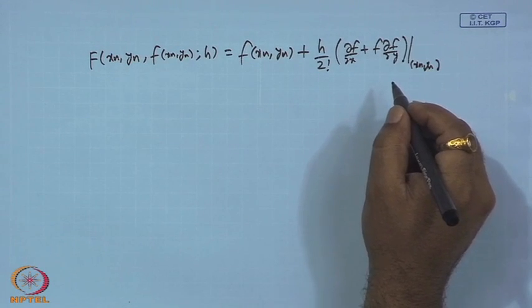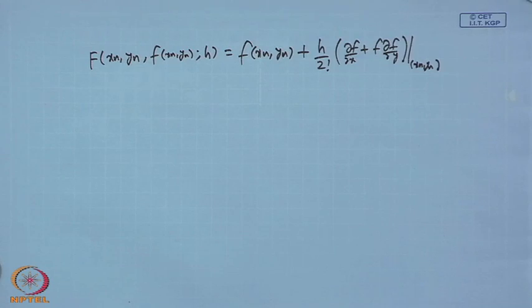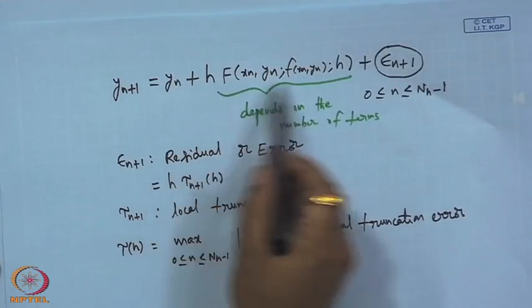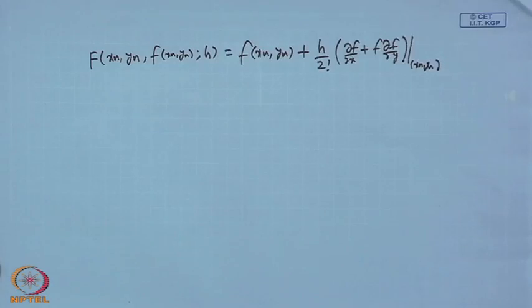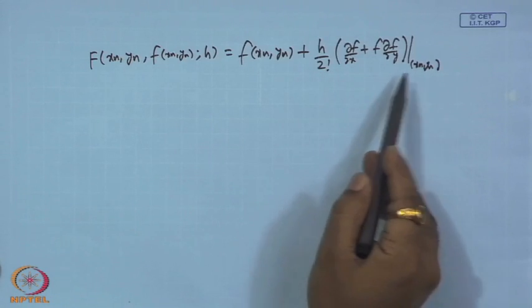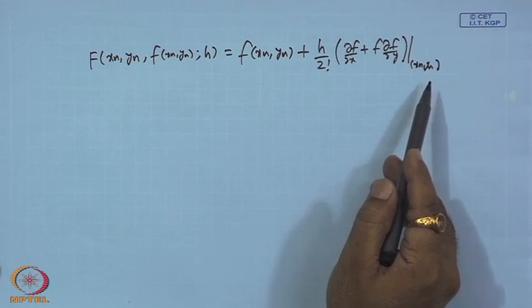Because we have pulled out an h. Therefore, f starts from f of x n plus so on and so forth. Okay.